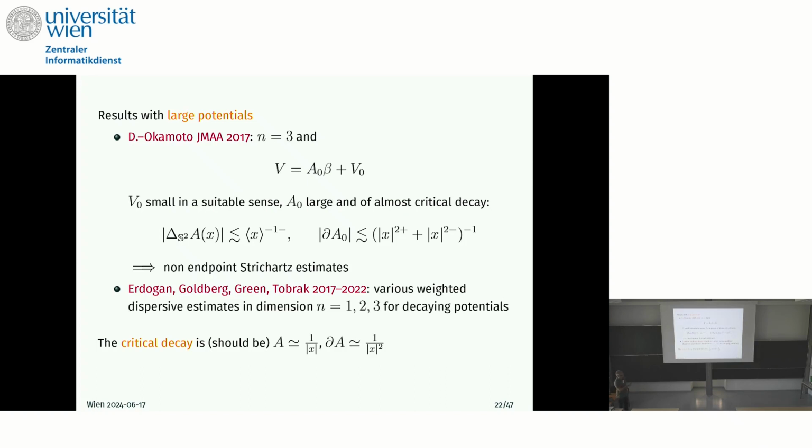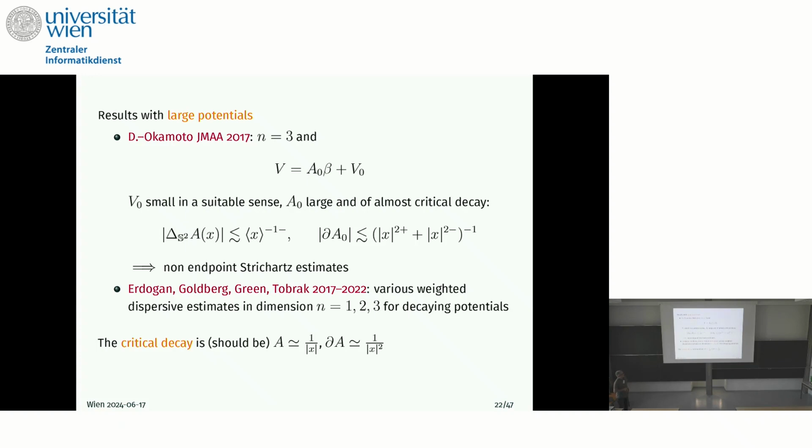Anyway, by exploiting this idea, you can construct some large potential with special structures for which you have Strichartz estimates. And there is a recent group of results by Erdogan and his collaborators, not exactly dispersive estimates, but weighted dispersive estimates can be proved. Even in dimension 1, you have dispersion if you put some weights.